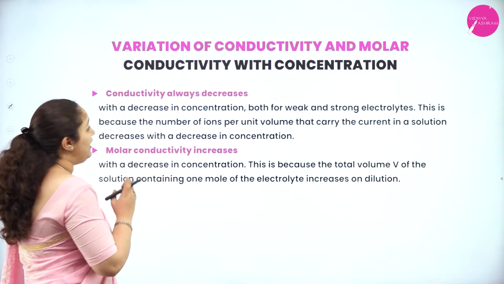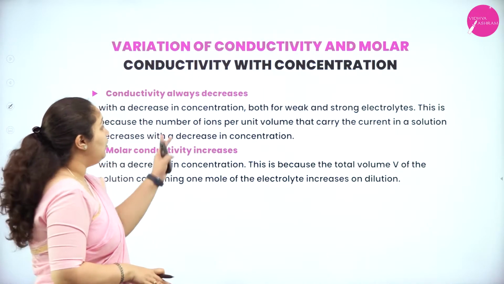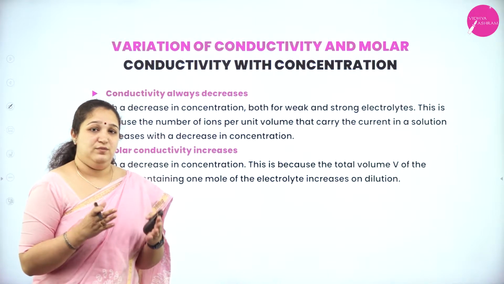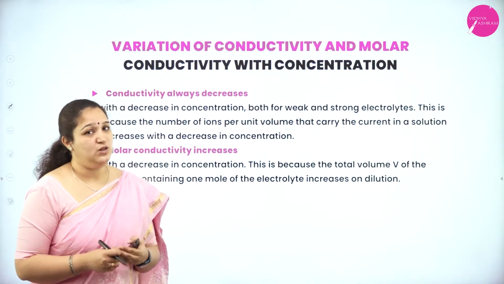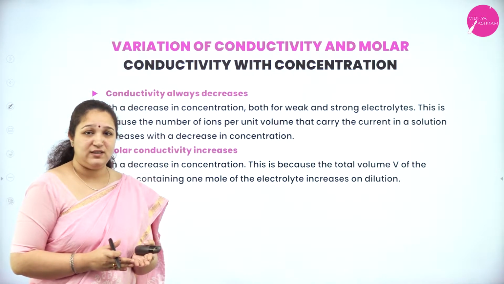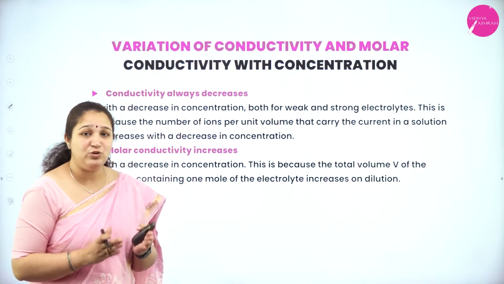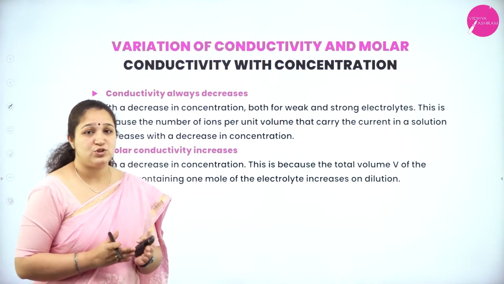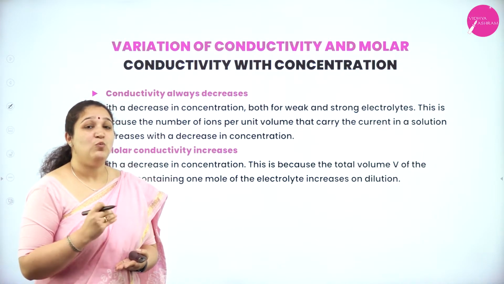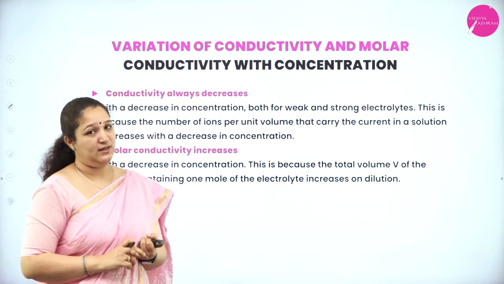Next is the variation of conductivity and molar conductivity with concentration. Now, if you dilute a particular solution, I have a solution whose conductivity and molar conductivity variation I need to find out on dilution. So, if I am diluting that particular ionic solution, what happens to the conductivity as well as the molar conductivity?